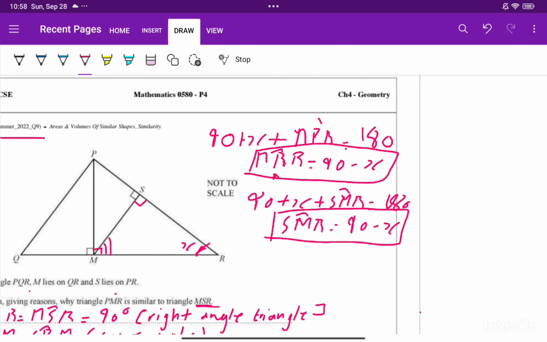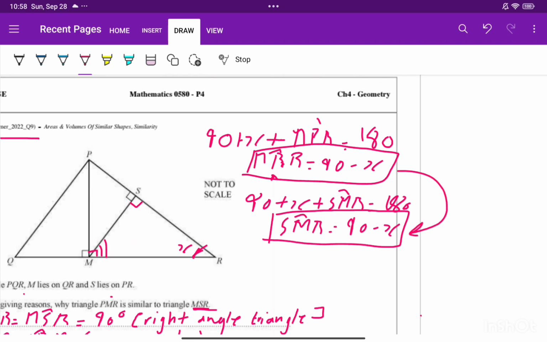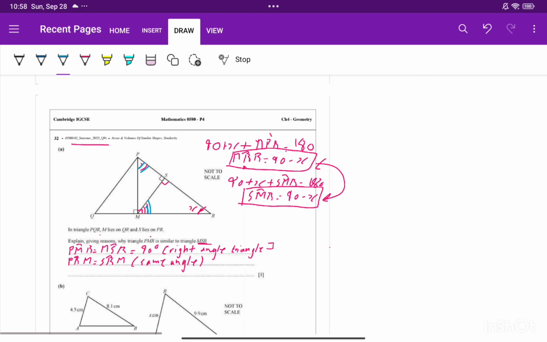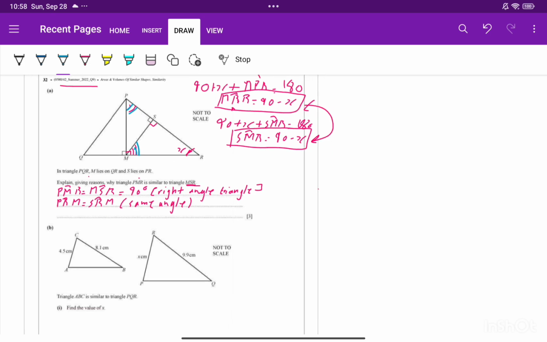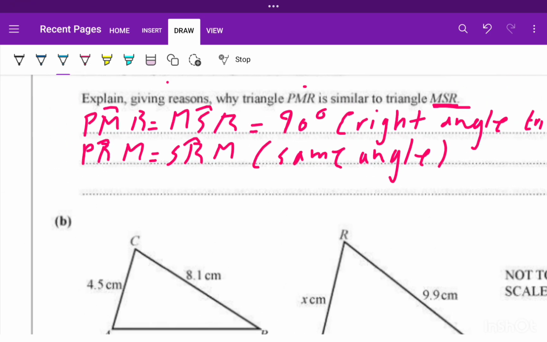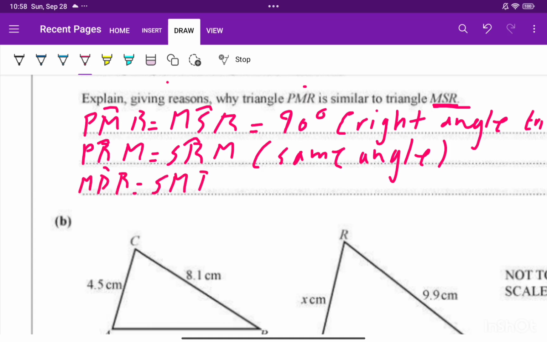So see, these both angles, this and this, are the same: 90 minus x, 90 minus x. So we could write that MPR equal to SMR because of the third angle.